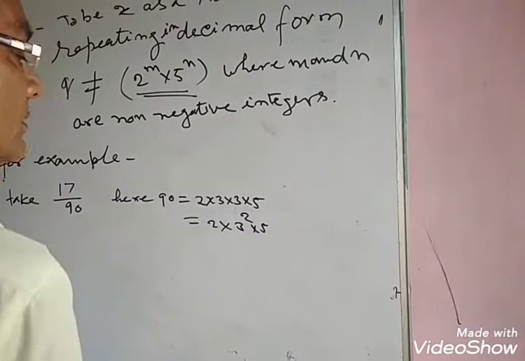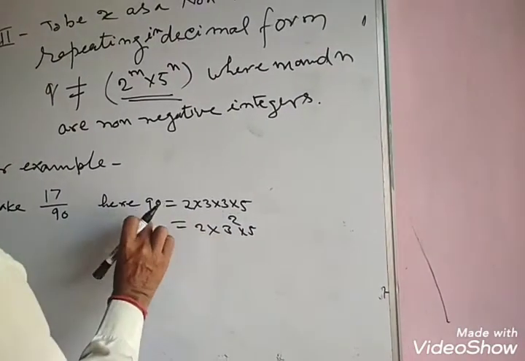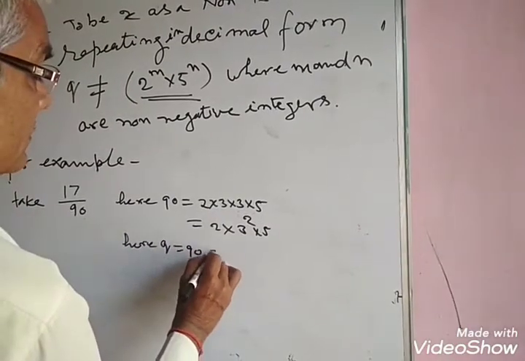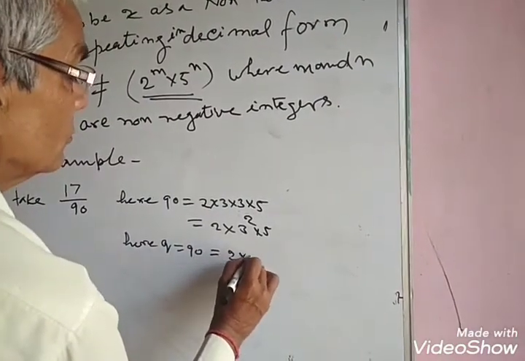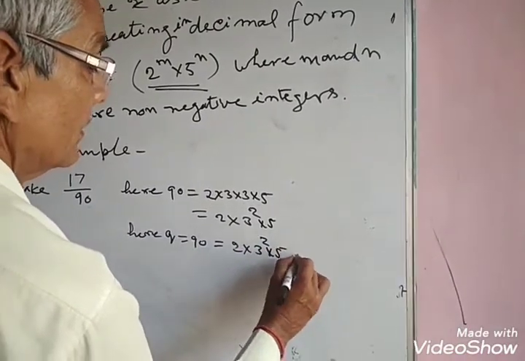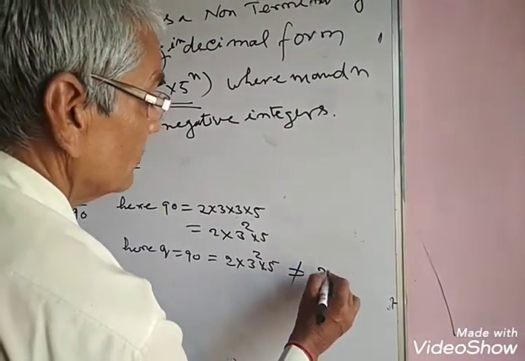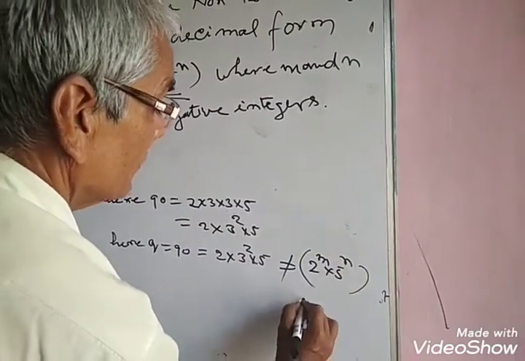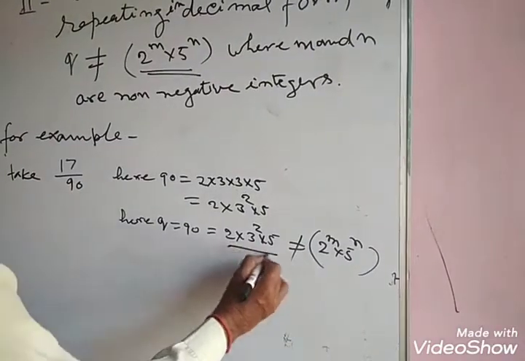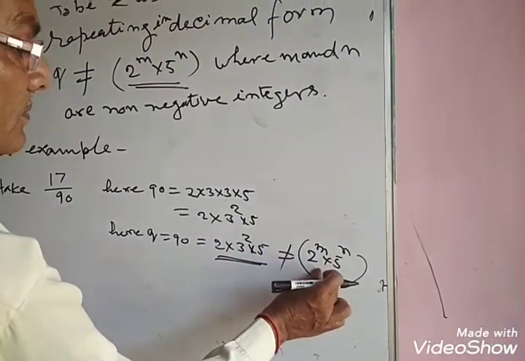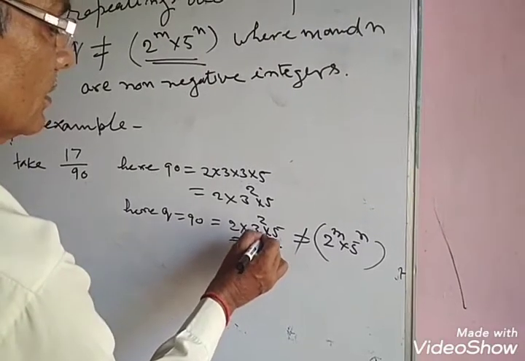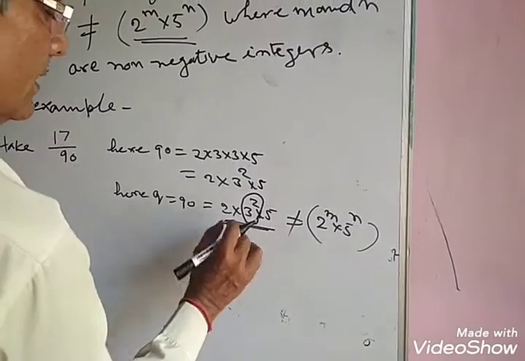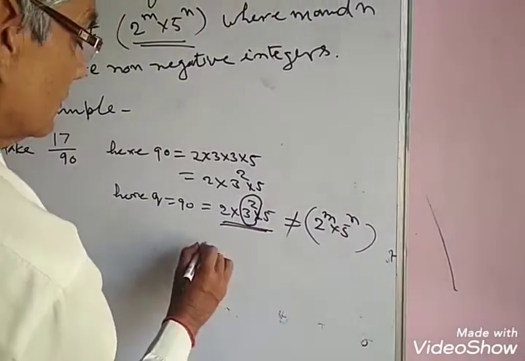Here q is equal to 90, which is not equal to 2 to the power m into 5 to the power n. This value is not in the form of this, so 3 to the power 2 is extra.